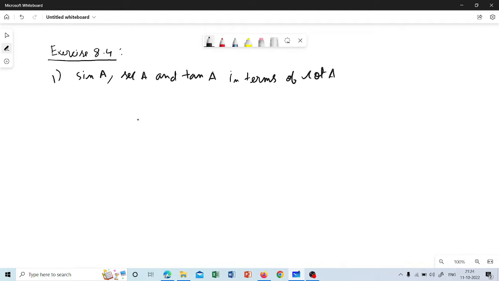We have to express sine A, secant of A and tan A in terms of cot A.